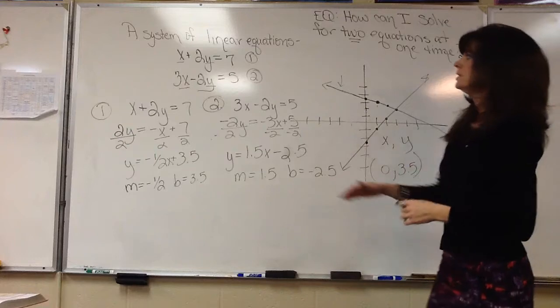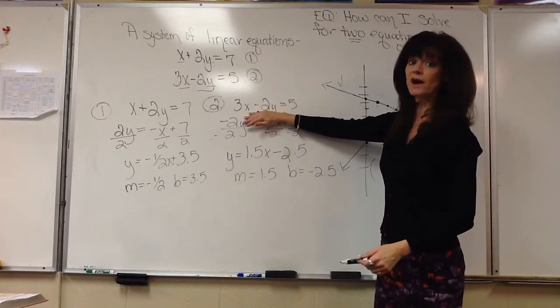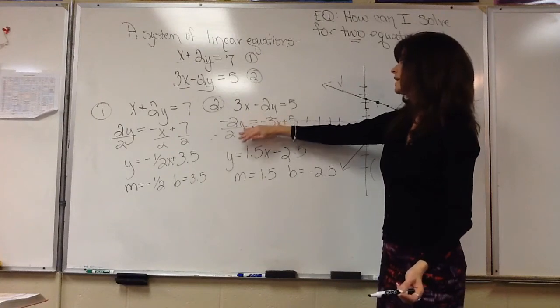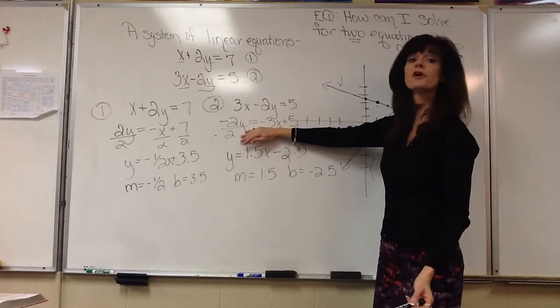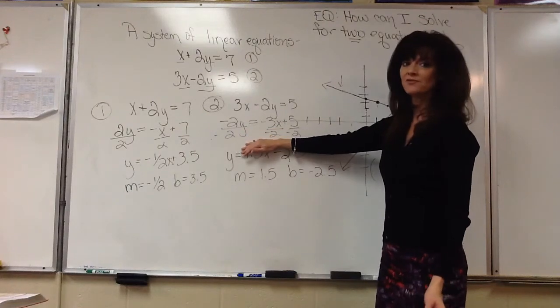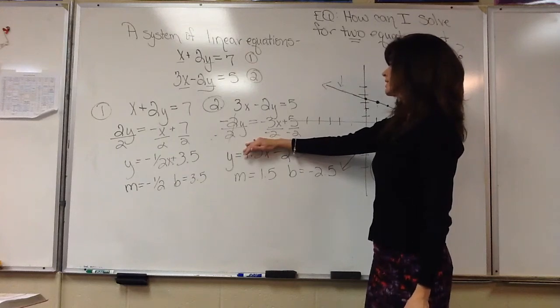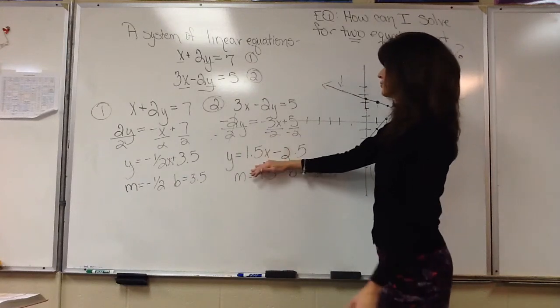That simple. Now we're going to take equation 2, 3x minus 2y equals 5. Subtract your 3x from both sides so that we have negative 2y equals negative 3x plus 5. Then you're going to divide everything by negative 2. So we'll cancel here, and we're going to have negative 3 over negative 2 x plus 5 over negative 2.